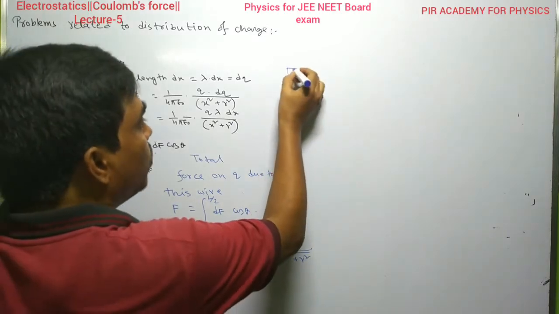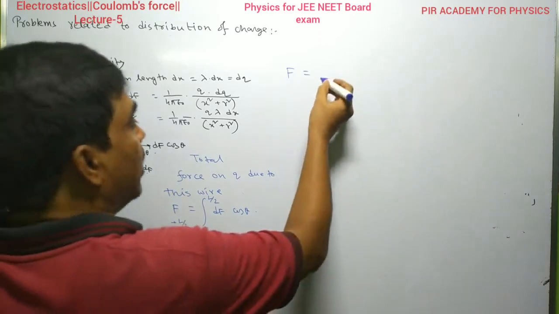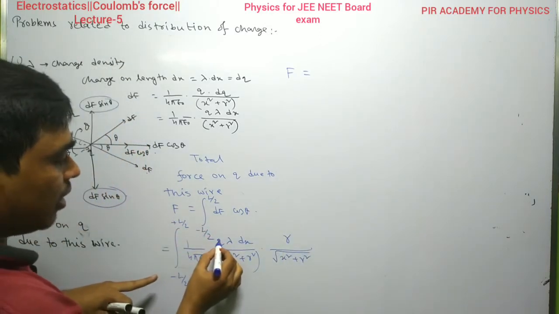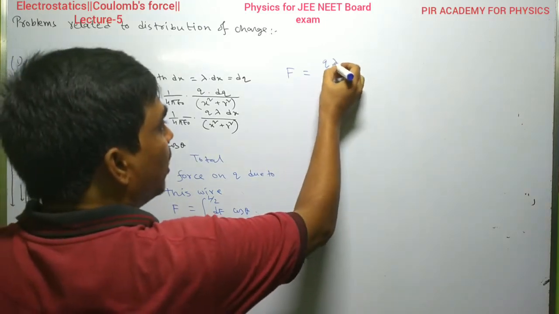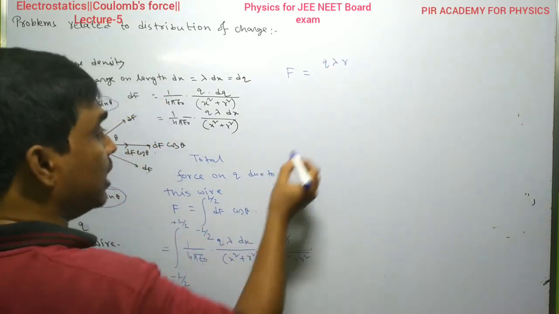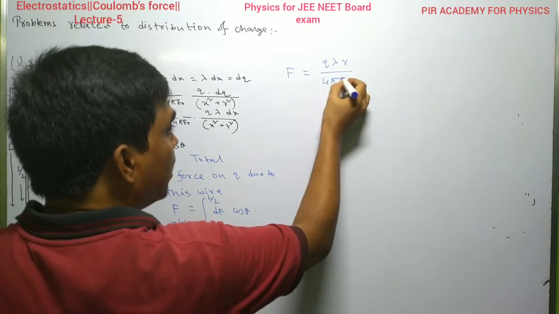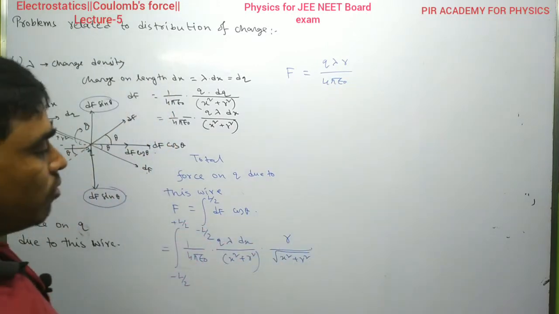So total F will be, q lambda r is constant, and 4 pi epsilon naught is constant.